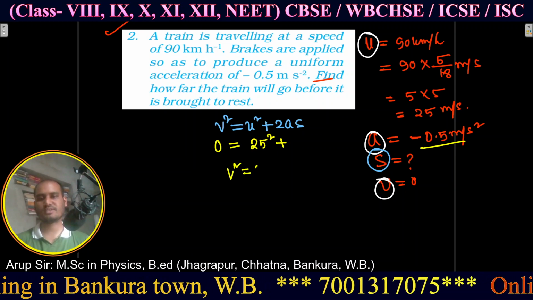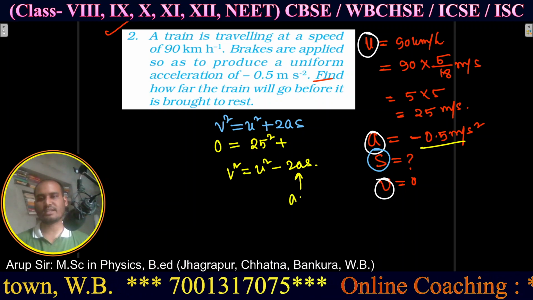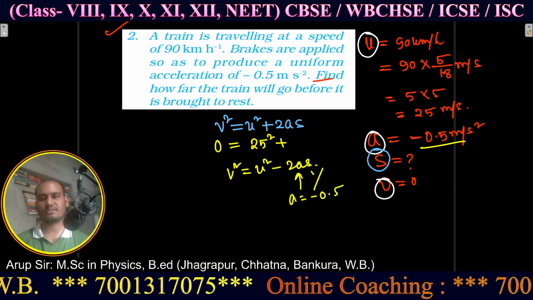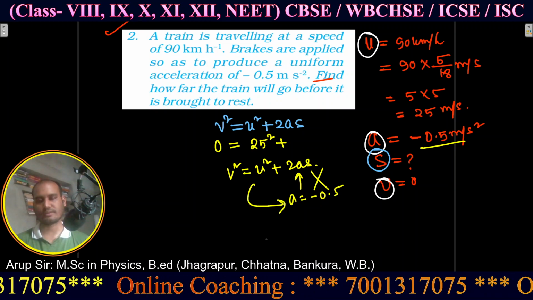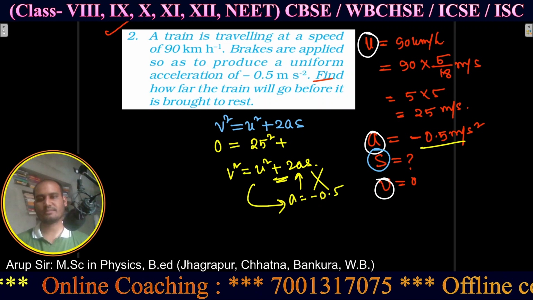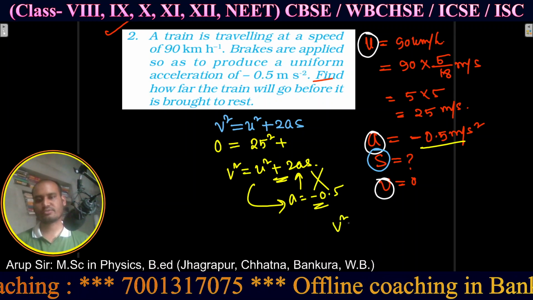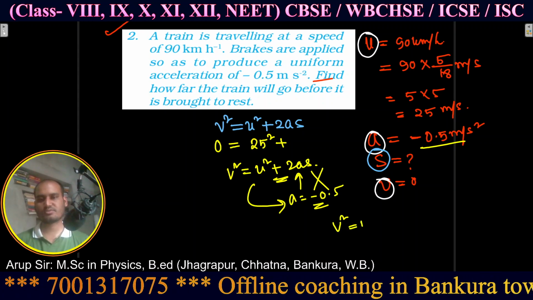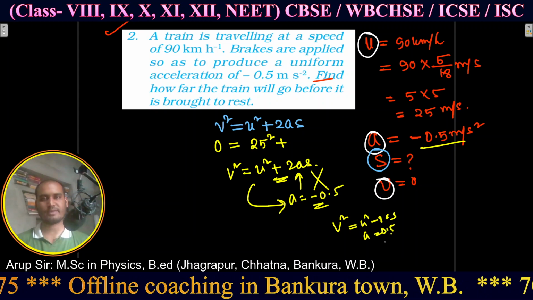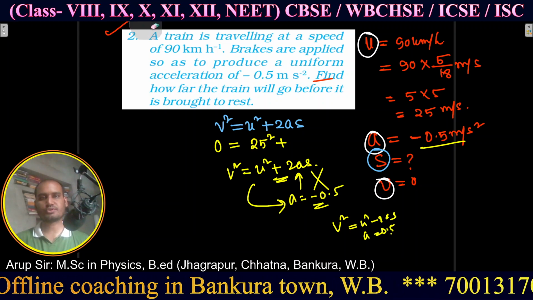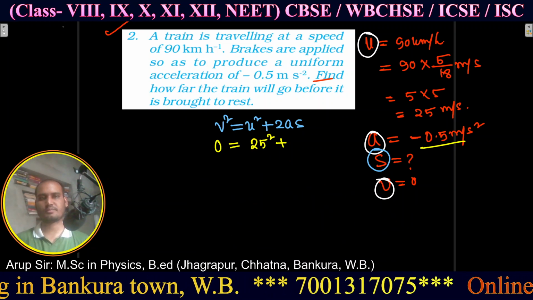If you are using V square equals to U square minus 2as and still you are putting a equals to minus 0.5, then it will be wrong. Either use the positive formula with the negative value, or use the minus formula with a positive 0.5. If you use both of these two, your answer will not be correct.